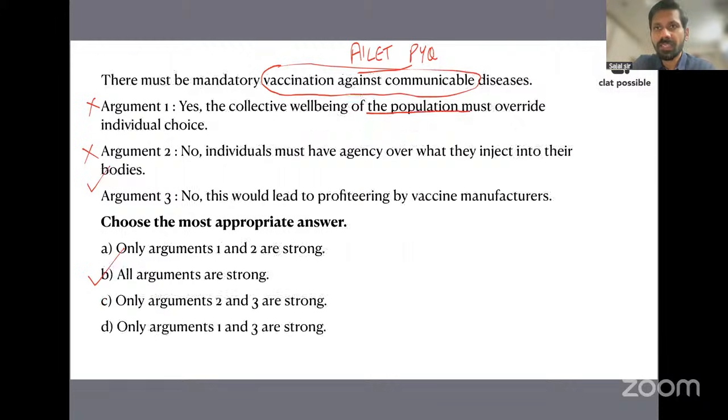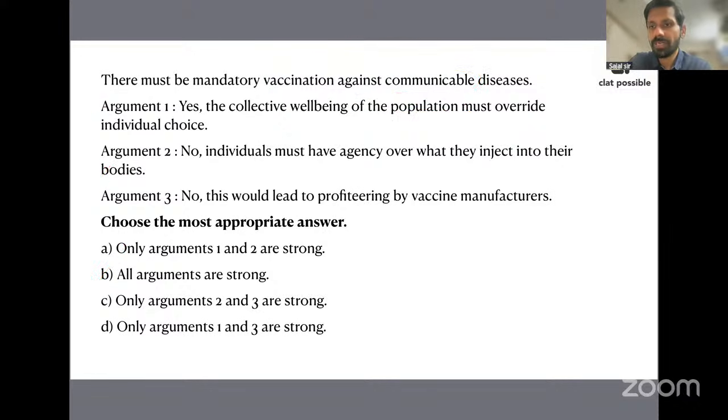All right, let's do the next one. Again, AILET PYQ.